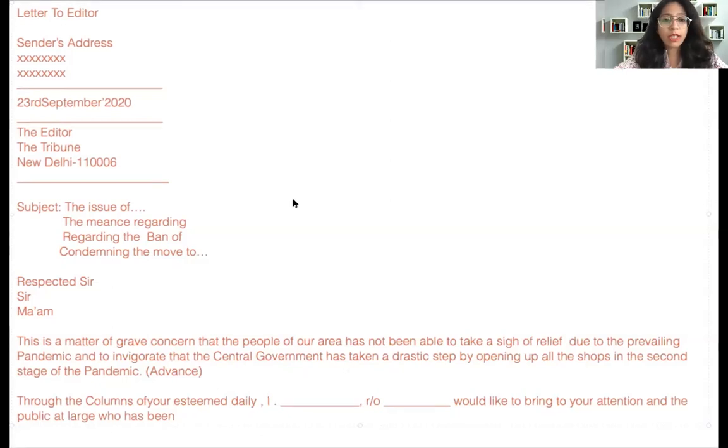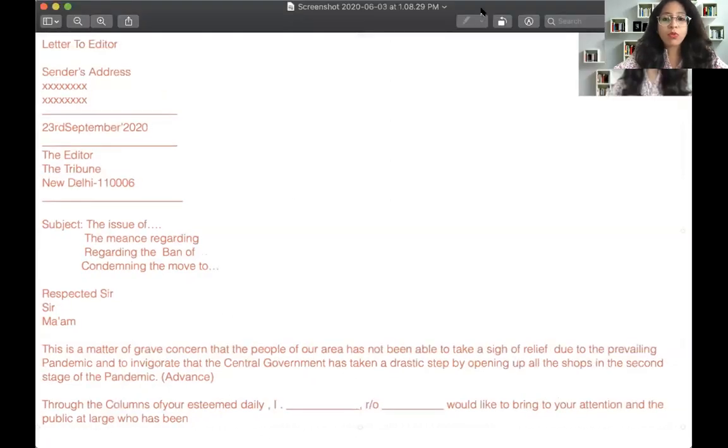Now we will quickly move on to the body message of the letter to the editor. In this part, you are supposed to mention the problems that people are facing around, and if you have a solution for the same, you can mention that. At least it is required that you mention two points. Minimum two points should be there.